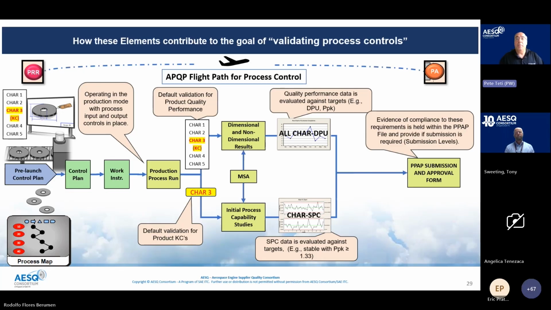All of that would be in the PPAP. The initial capability studies, the MSA studies that support the measurement systems used to measure the key characteristic features. That's all built into the PPAP package and a lot more, obviously. So validation will tell us that the planned controls are good.